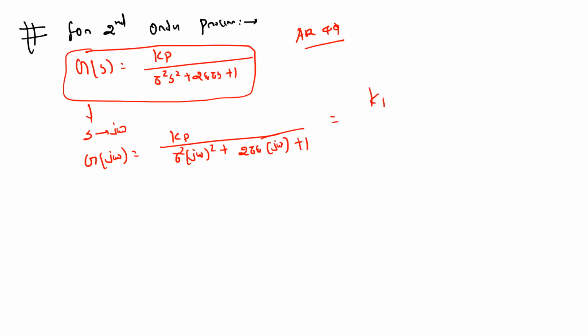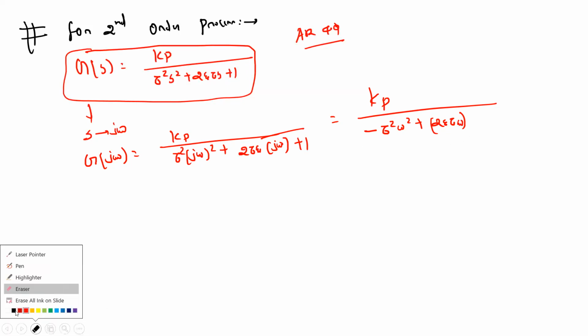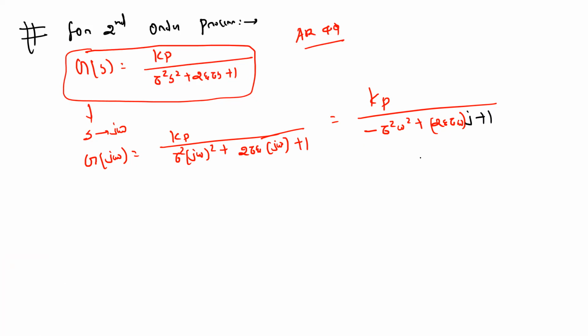So can I write here that is Kp divided by minus tau square omega square plus 2 zeta tau omega j plus 1. Again, this one is just simple mathematics. So again, I'll have to rationalize these things to separate this.